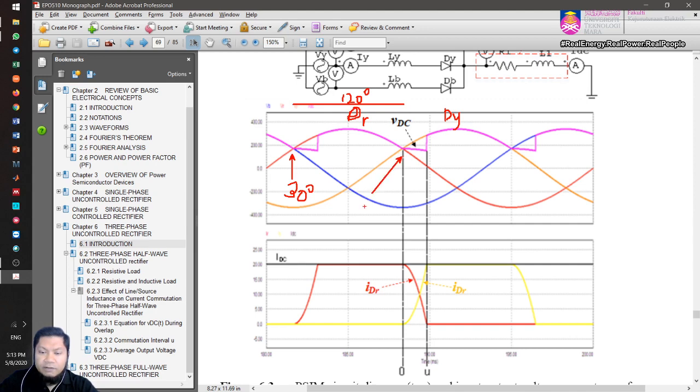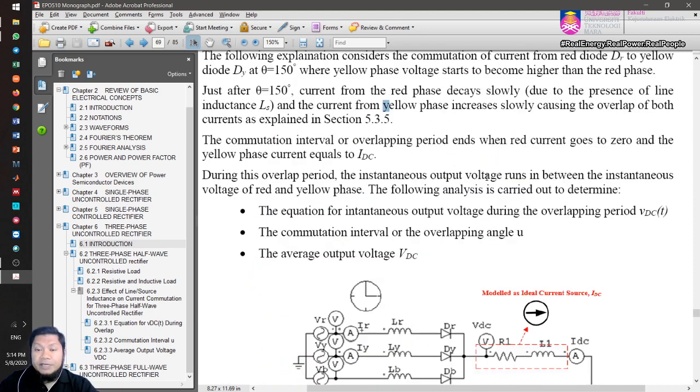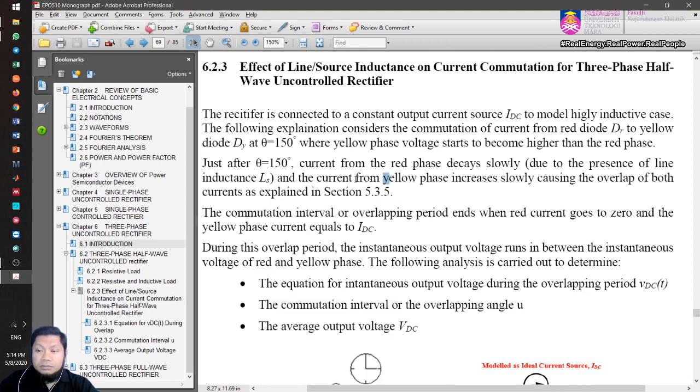So here you have 150 degree with respect to 0 degree from the supply voltage. We're going to focus on this particular point where the yellow phase voltage is higher than the red phase voltage.